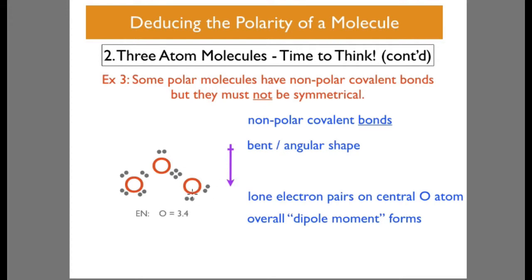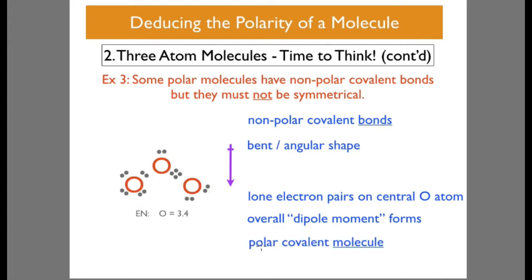Down here we've got 1, 2 lone pairs here, 1, 2, 3 lone pairs up here, just 1. So an overall dipole moment forms facing down towards where there are more lone electron pairs.